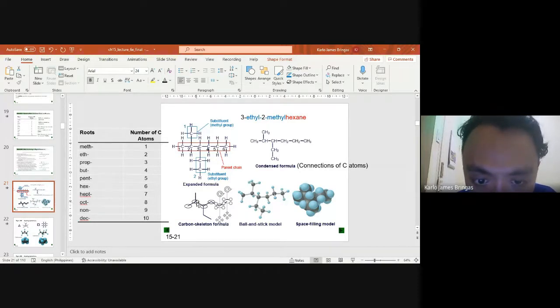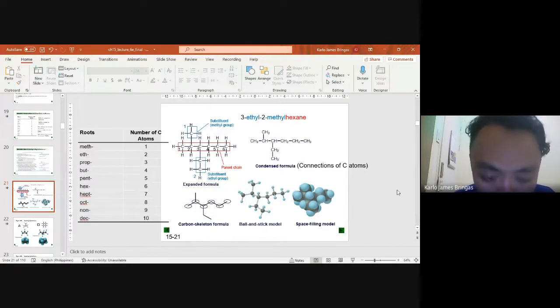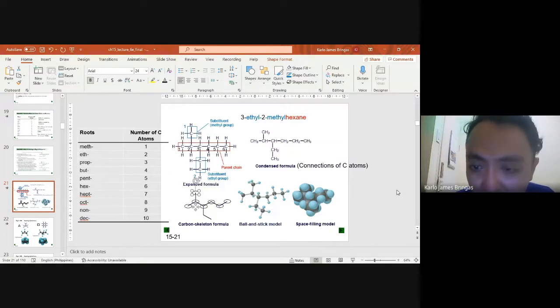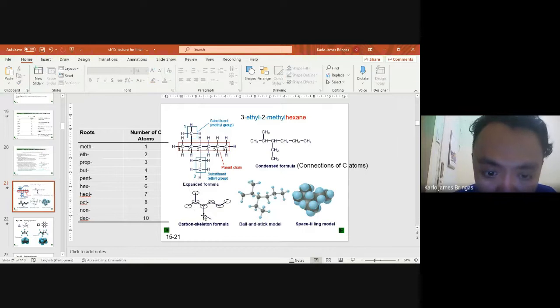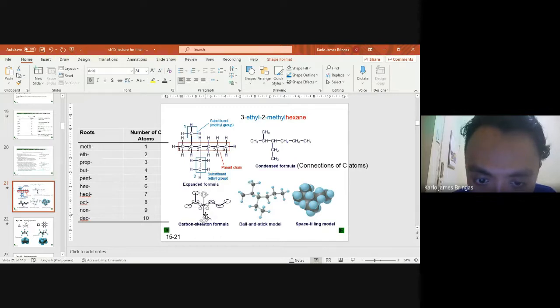Sa second na carbon, we can see na meron siyang isang carbon atom na naka-attach. So itong dulo ng linya na ito is another carbon atom. And right over here, kay carbon number 3, meron ka nakakabit na 1, 2 carbons.